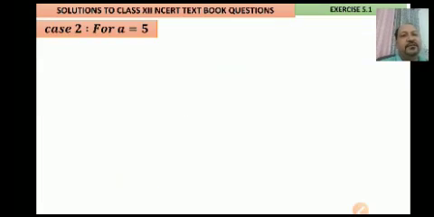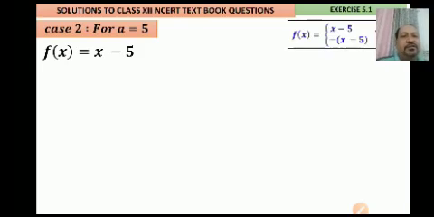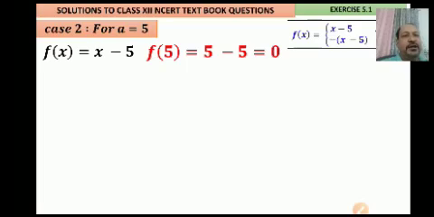Again, we will check for case 2, for a equal to 5. F of x equal to x minus 5, then the functional value at the point 5 equal to 5 minus 5 equal to 0.